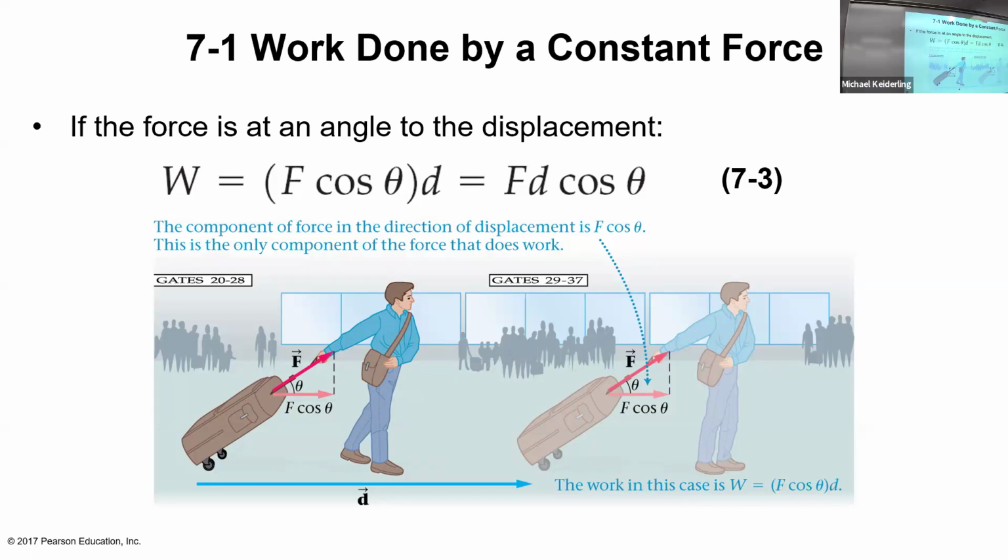Work is the dot product of the force vector and the displacement vector. But that's just force times distance times cosine of the angle between them. That's the definition of the dot product from the magnitudes.